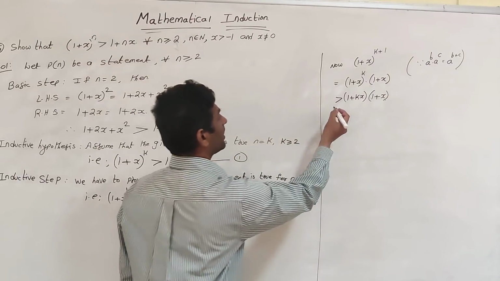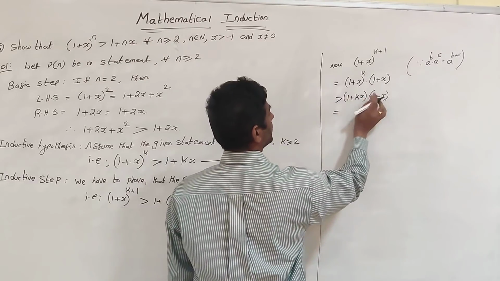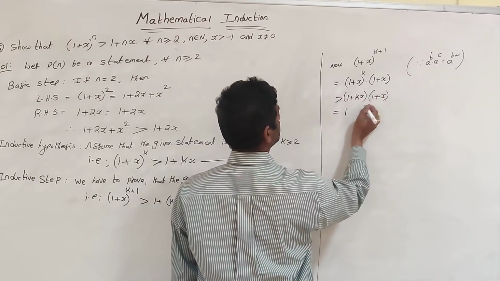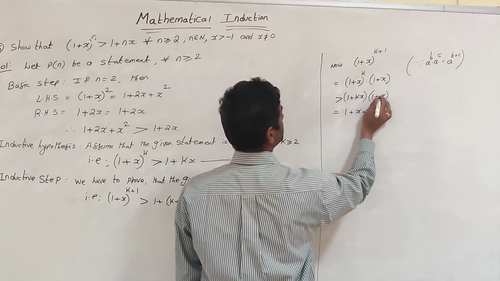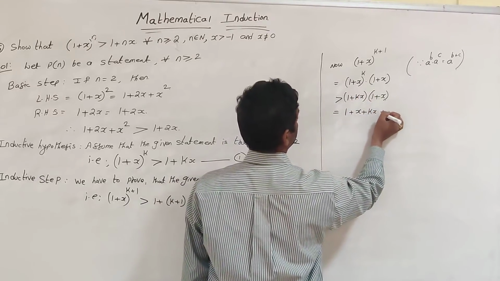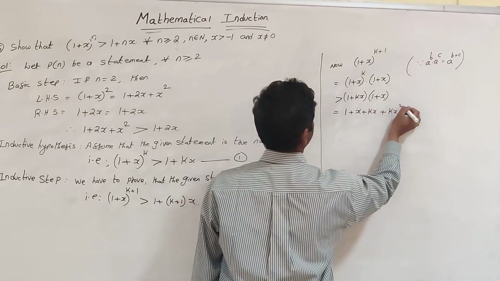Now if we simplify, it is equality. 1 into 1 is 1. 1 into x is x, plus kx into 1 is kx, plus kx into x is kx square.